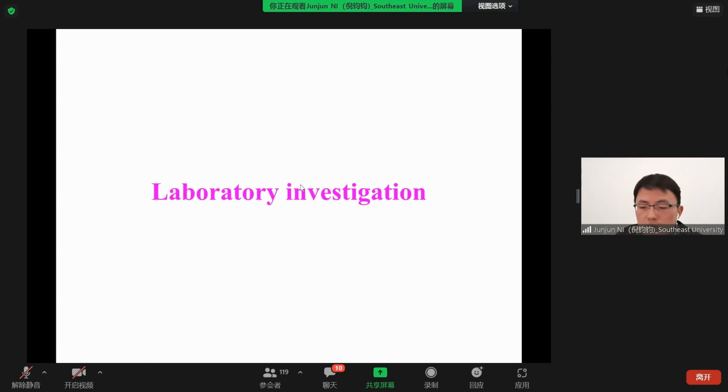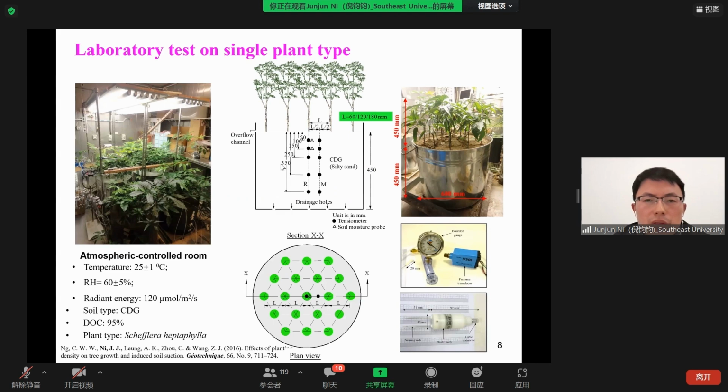So based on this background, we carried out some small scale and large scale tests. For the small scale test, this is work done when I was a PhD. At that time we had the plant room at the Hong Kong University of Science and Technology. This is the atmospheric control room.